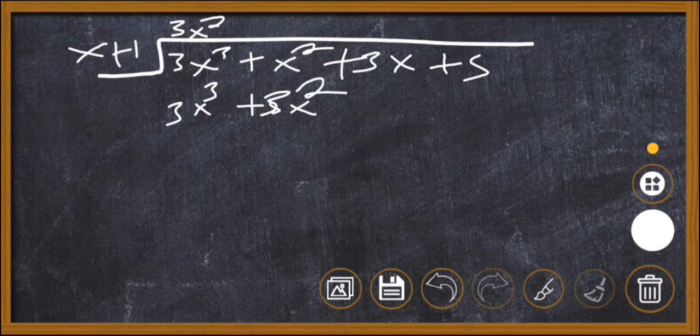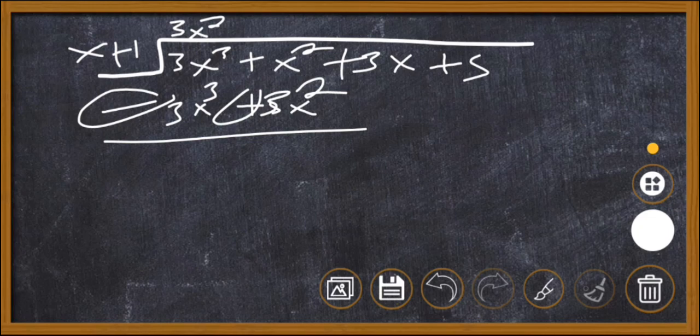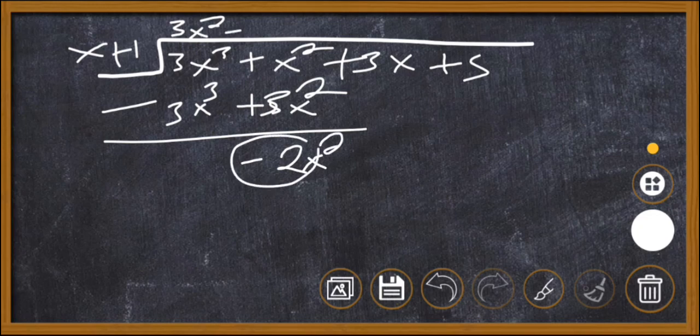Okay, then we subtract. So 3x power 3 minus 3x power 3 is simply 0. And then negative multiplied by positive is simply negative. So we have negative 3x squared, then plus x squared. So negative 3x squared plus x squared is simply negative 2x squared. Since we have negative 2 here, we are going to have negative 2.